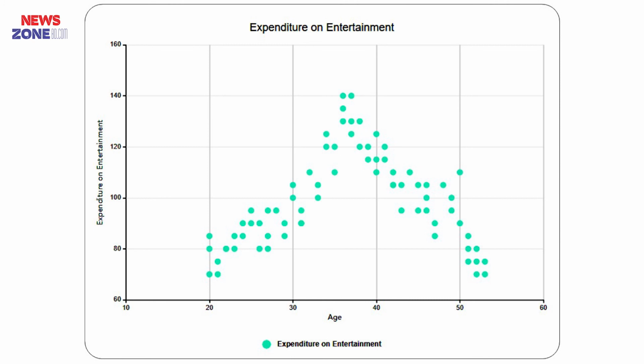Dots will be isolated. This type of chart is known as a dot diagram or scatter diagram.